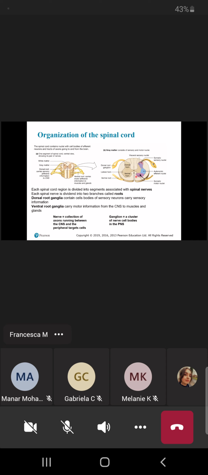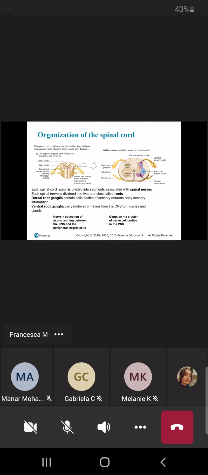Sensory neurons from the dorsal horn carry information to the central nervous system, and efferent neurons carry information from the brain, from the nervous system, and regulate skeletal muscle functions.